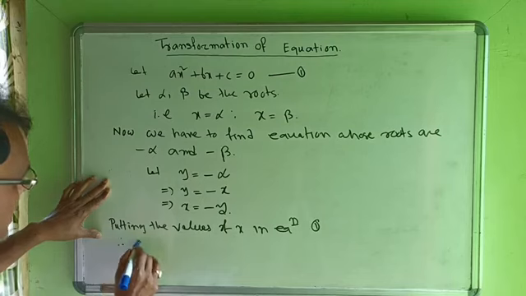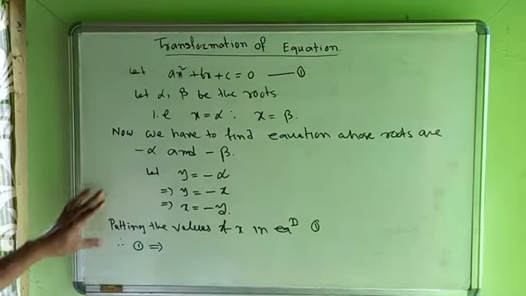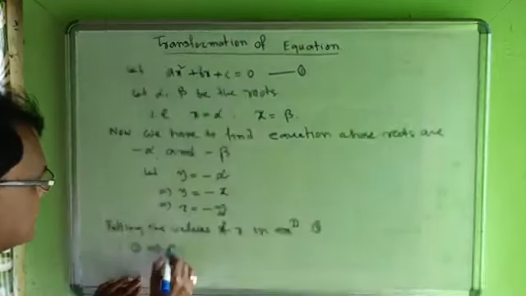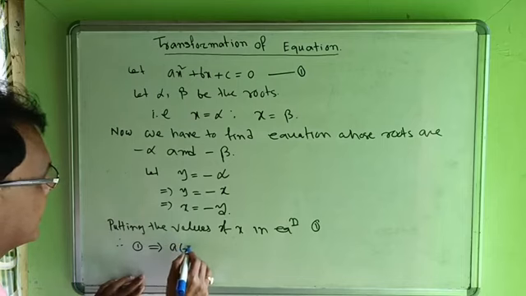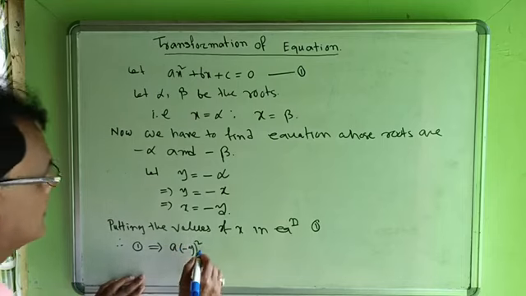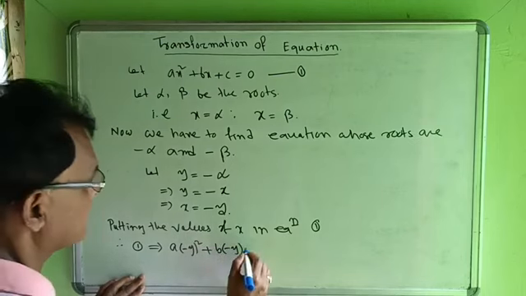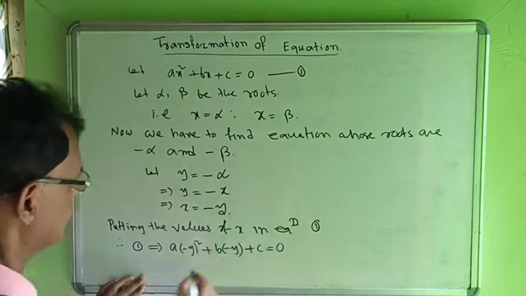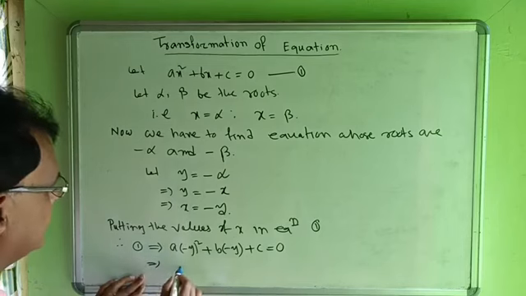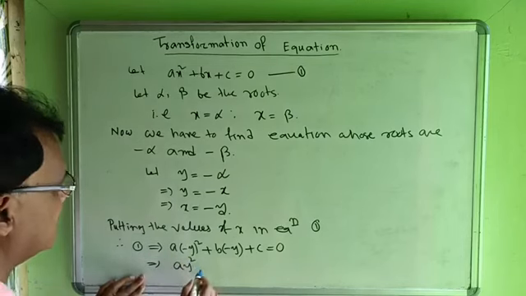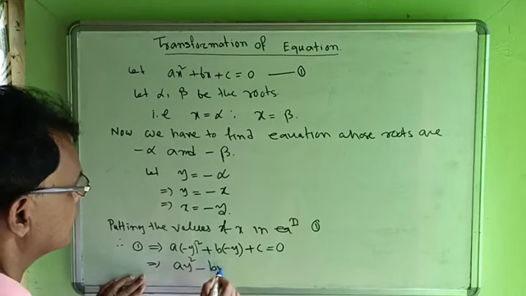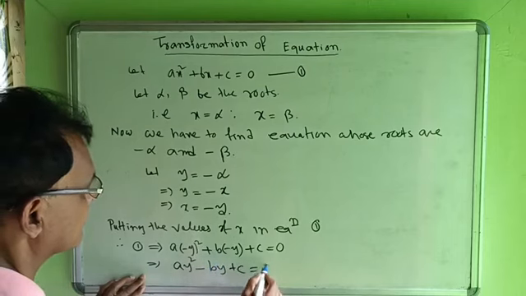Therefore equation 1 implies a(minus y) square plus b(minus y) plus c equal to 0. This implies we can write a y square minus by plus c equal to 0.